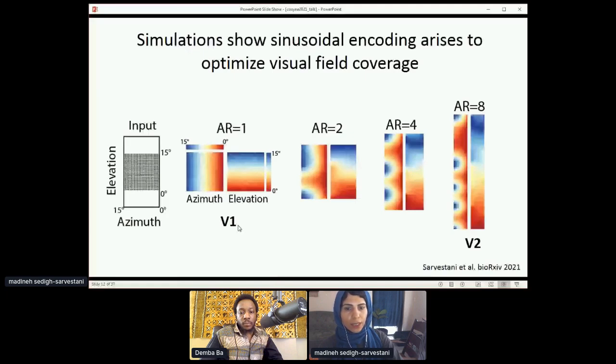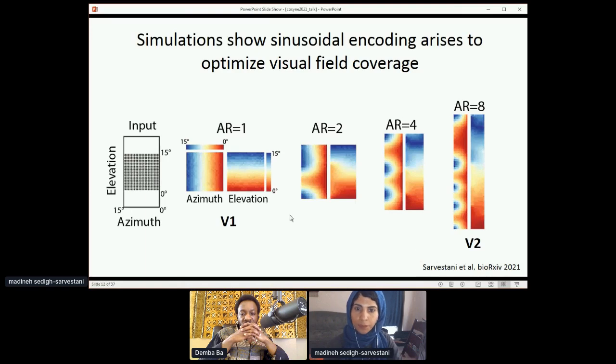And if you change nothing else but stretch this area, you'll start to produce these striped azimuth maps. So as the shape of the area changes, as it becomes very elongated, the optimal visual field transform is no longer a linear conformal transform.